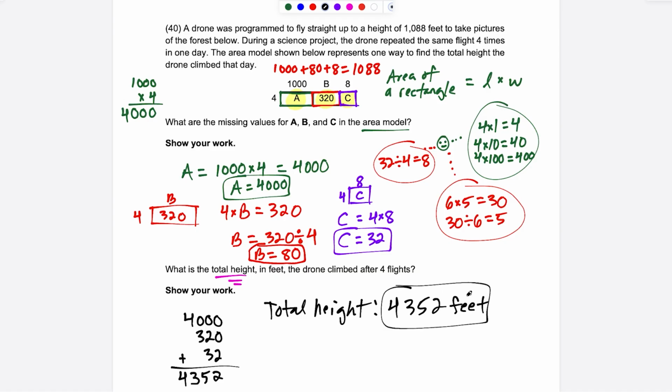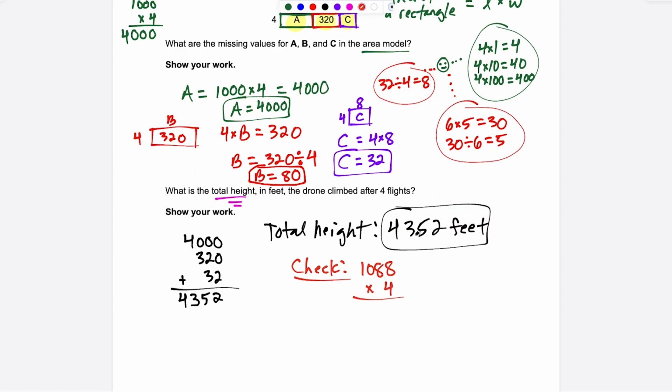Now, one thing I want to point out, one way to check our work is we could just multiply here. So I'm going to check our work off to the side. We could just go ahead and multiply 1,088 by 4 because they told us that the drone made this flight up 4 times. So if we work this out, we should get 4,352 and then that'll tell us our answer is 100% correct.